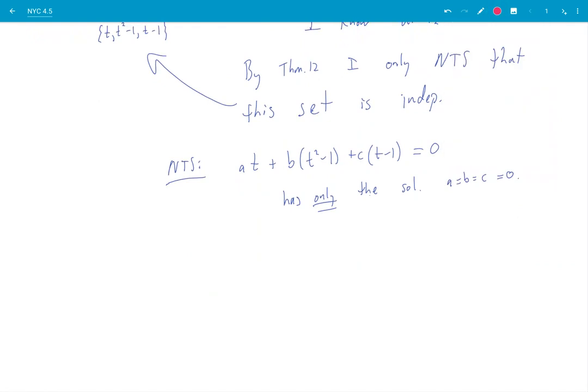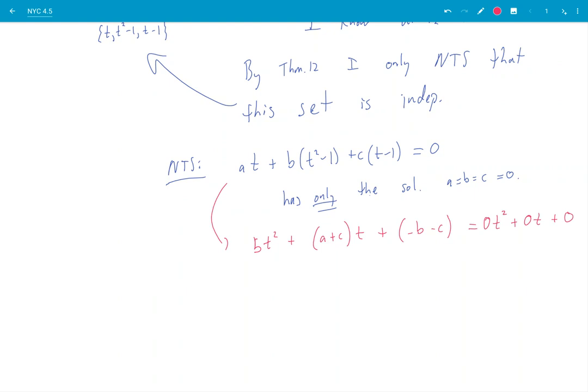So let's do the proof in another color. So collecting like terms, I get A plus C. No, that's not good. Let's go B t squared plus A plus C t, and then the constant is negative B minus C equals the 0 polynomial, 0 t squared plus 0 t plus 0.